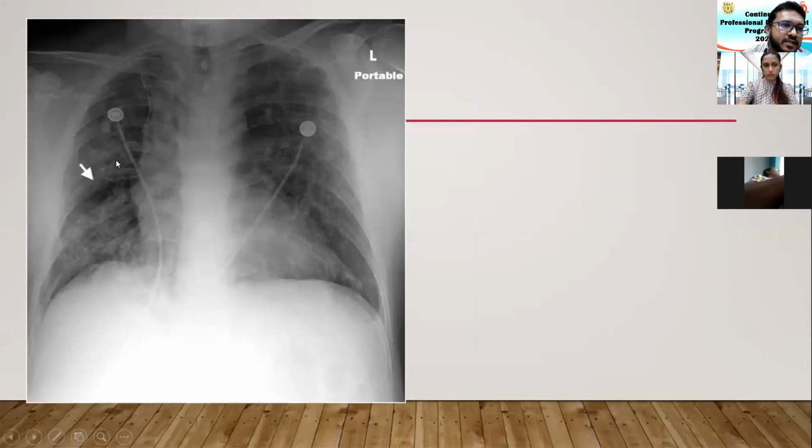So here you can trace up to here, but these markings get less prominent as you go lateral, but still you can see up to this level. But here, the lung markings stop at here. So those are the two ways of identifying the pneumothorax.